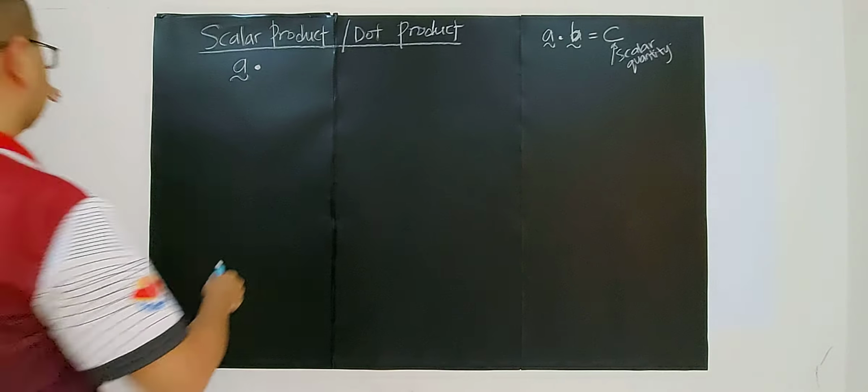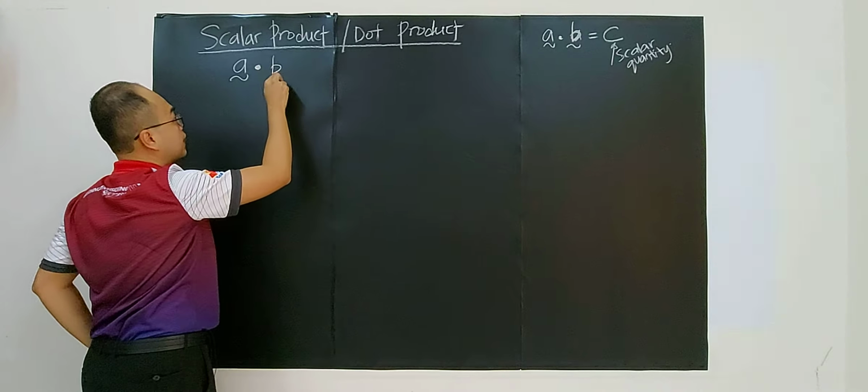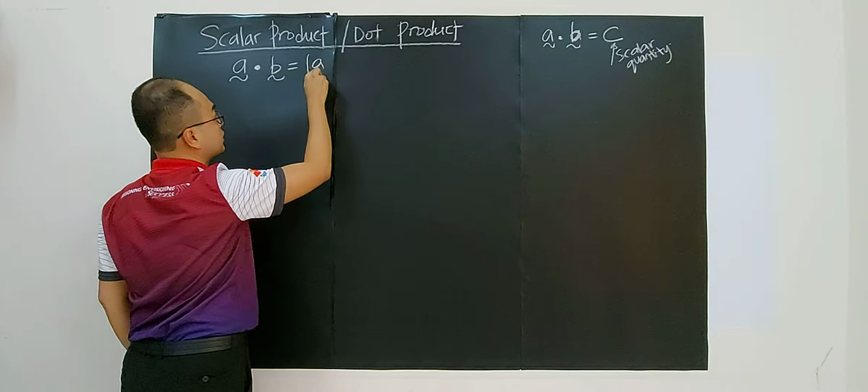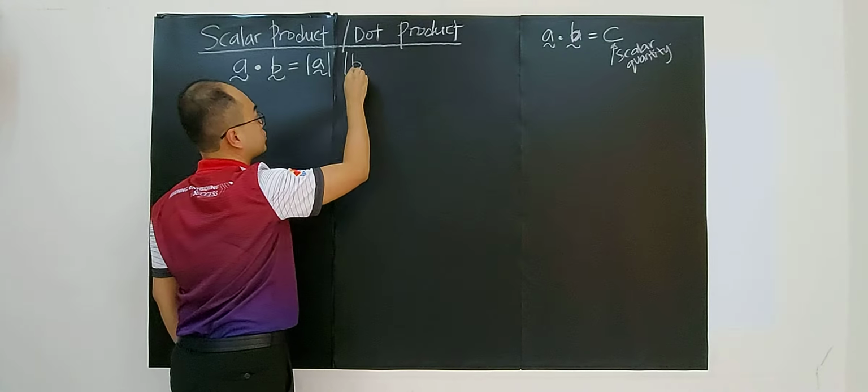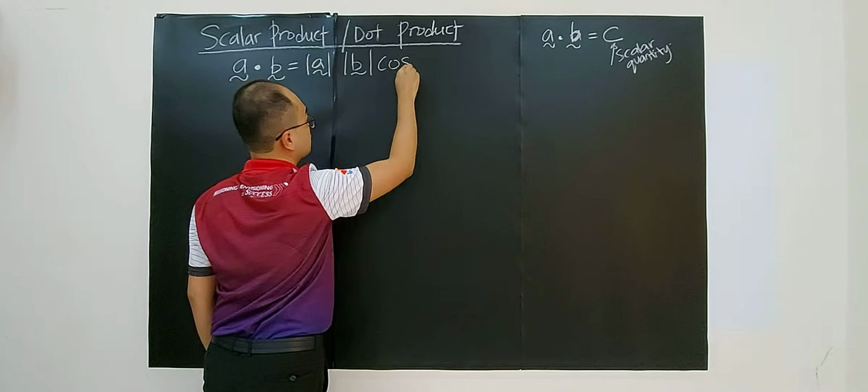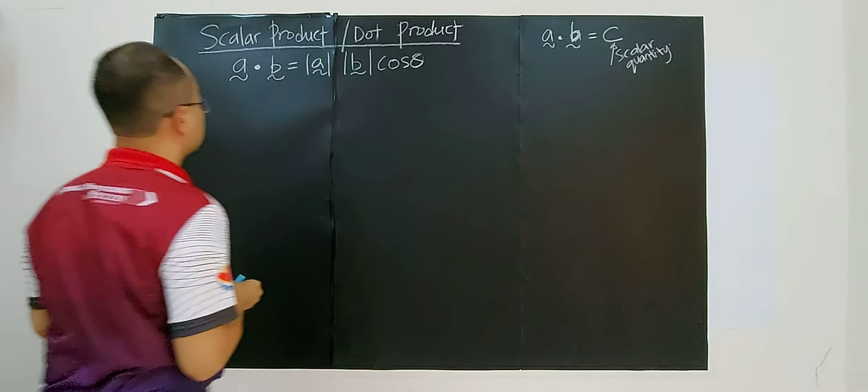So A dot B is defined to be the magnitude of A, magnitude of B, cosine theta.